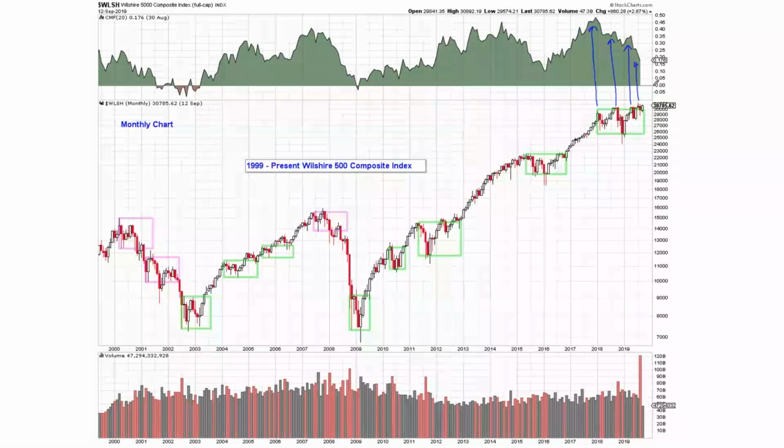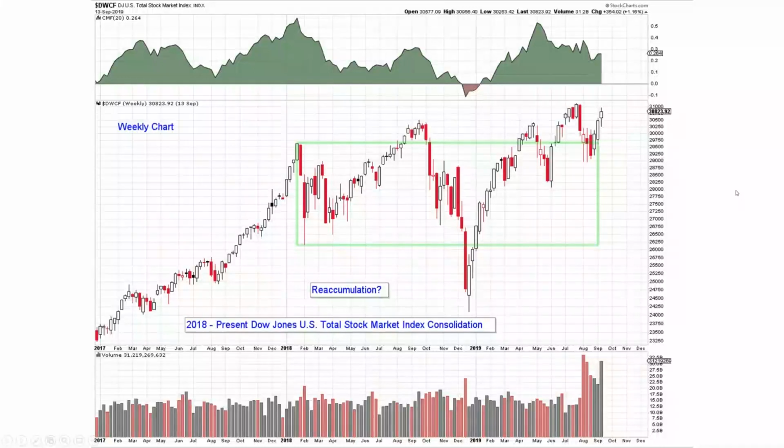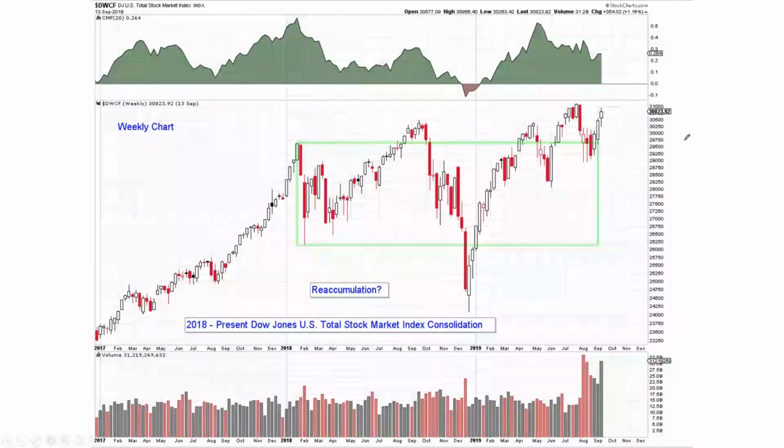Then I zoomed in. So if you go to the next chart, now we're looking at weekly, and we're just looking at the 2018 to present period. So we're looking at that last reaccumulation period, and you can almost break this down into two.